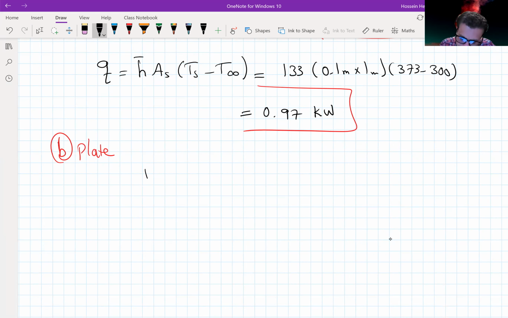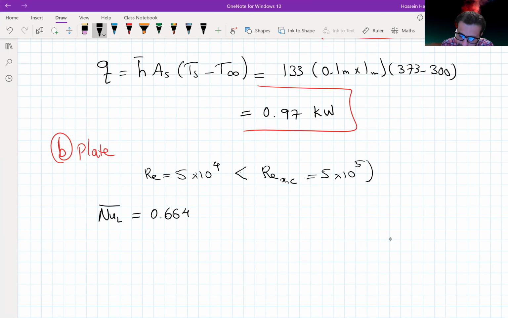So for the Reynolds number, we need to first define whether it's laminar or turbulent, therefore which is less than the critical Reynolds number of 5 times 10 to the power 5. So it's laminar, and the equation for laminar average Nusselt number is 0.664 Reynolds to the power of half Prandtl to the power of 1/3.